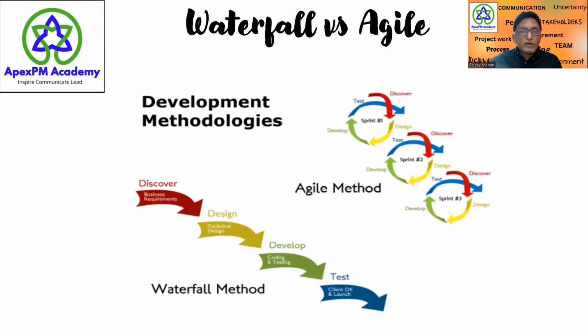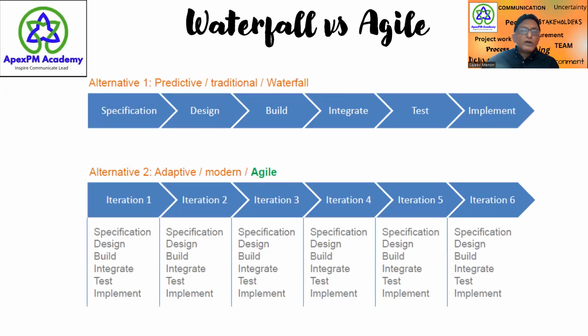So this is the waterfall versus the Agile. In the waterfall, you have a linear flow from the beginning to the end, whereas in Agile, it is more of an iteration, with different sprints or iterations to get to the end of the project. Waterfall is sometimes referred to as the traditional or the predictive type of framework, and here you have the iterative framework, which is Agile or adaptive framework.